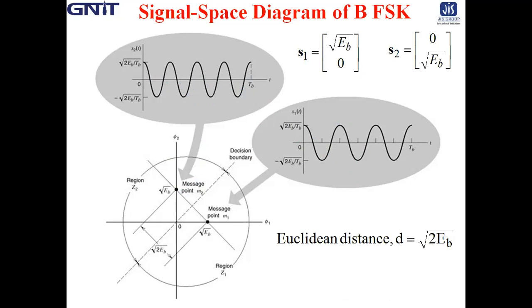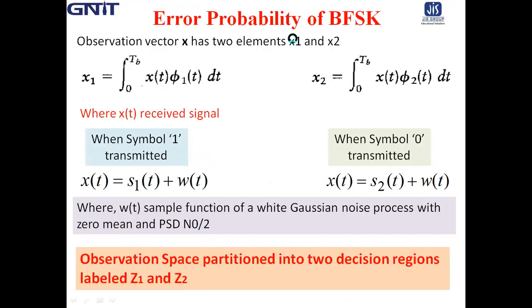Now, I want to find out the error probability for the binary FSK system. So, error probability of BFSK. How to find the error probability?